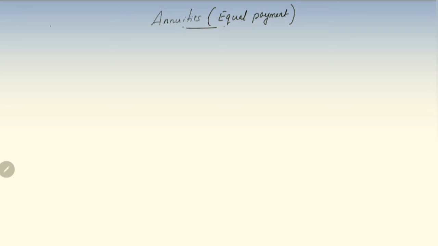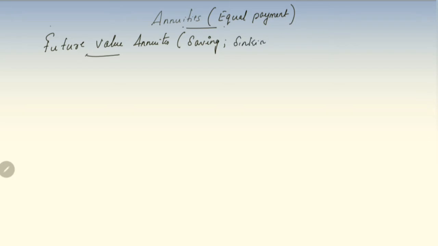The first one is future value annuities. Future value annuities, we use especially when it comes to savings. A situation where the question is talking about savings or a sinking fund.